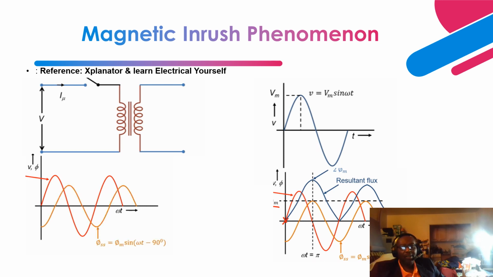So now let's talk about the phenomenon of magnetic inrush. This switch basically mimics a circuit breaker. So we have a circuit breaker that is going to be closed to energize this transformer. Once we close this circuit breaker, we have applied voltage that is impressed on the high voltage side.